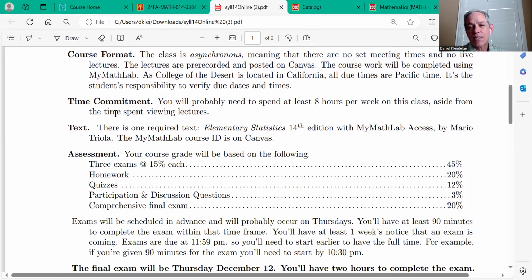Time commitment for the course, that's going to depend on a lot of things. It depends on you as a student and your interest, aptitude and background, and also what part of the course we're in. Some of this stuff is just harder than other stuff. Chapter 4 will probably be a little bit harder for some people than Chapter 2. Chapter 6 will be hard for a lot of people.